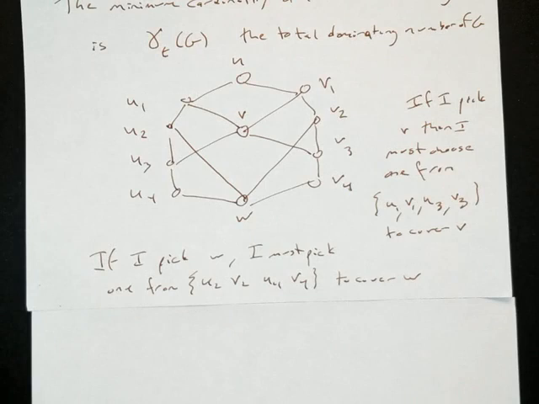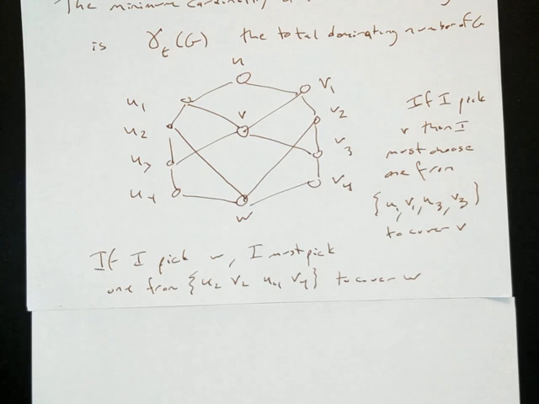Let's start with V and W. Okay, $64,000 question. Why did I pick those two to start with? They have the highest degree in this graph. I cover the most other things with them. Great, wonderful, perfect routine.